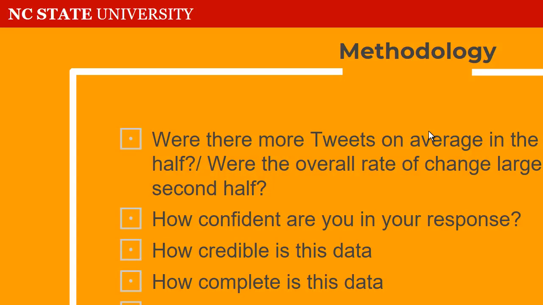The first one was about the tasks, whether the first half or the second half has the higher average number of tweets or has the higher rate of changes of the tweets. And the second measurement is about how confident you are in your response and how credible, how complete, and how reliable the data is.